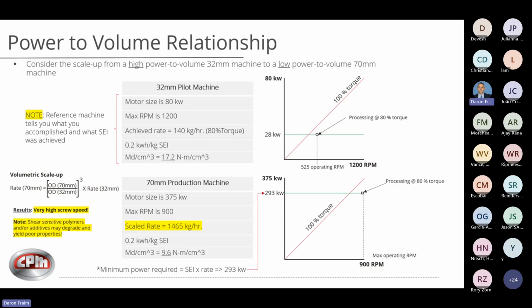And so, in the case of the 32, you're operating at 525 RPM, but when you move to that 70, and you scale volumetrically and you're on a low power availability, you're having to really push that machine to its maximum RPM. So if you're dealing with any shear sensitive, thermally sensitive type additives, you could degrade those materials.